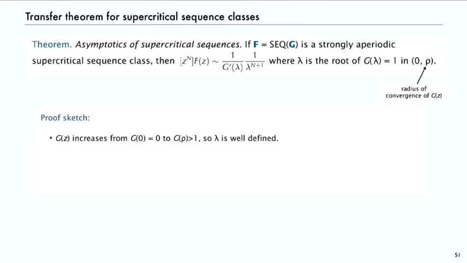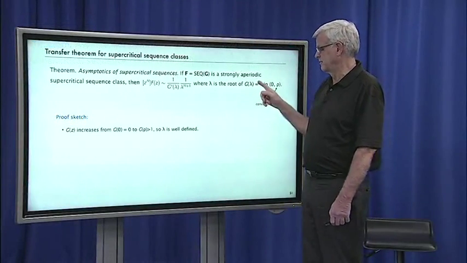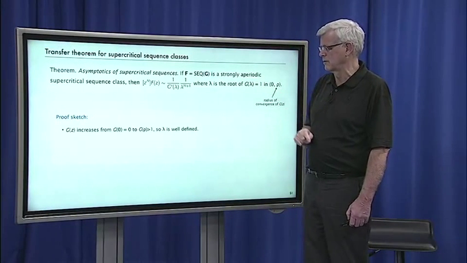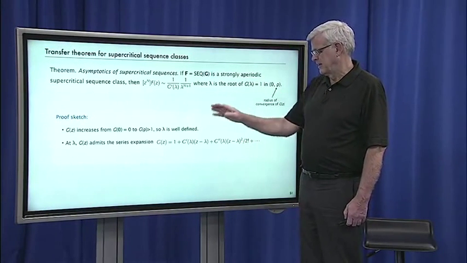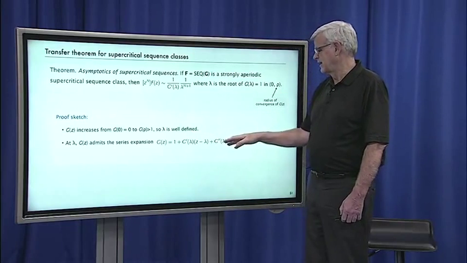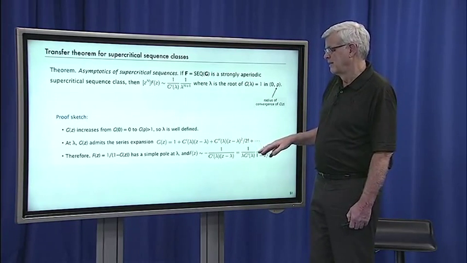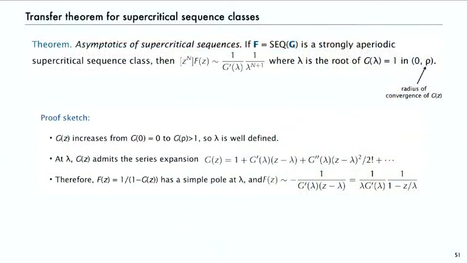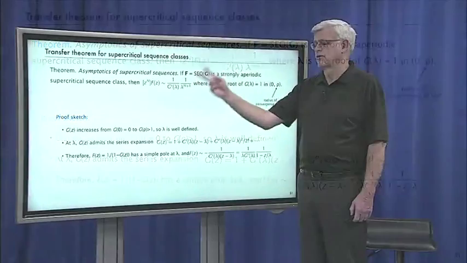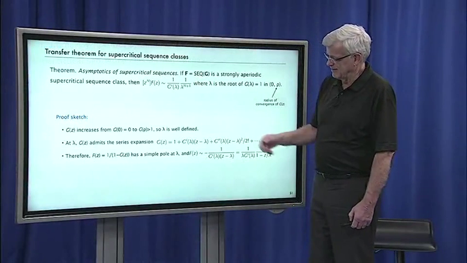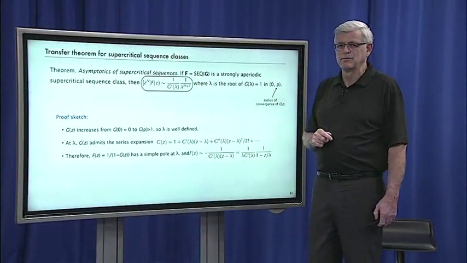There is a value where g of lambda equals 1, and that's the one that we're going to look for. And then at that point, you can write out the series expansion of what g would be. And then if you take 1 over 1 minus g, that essentially gives you the leading term, the coefficient asymptotics. That's just a quick outline of the proof.